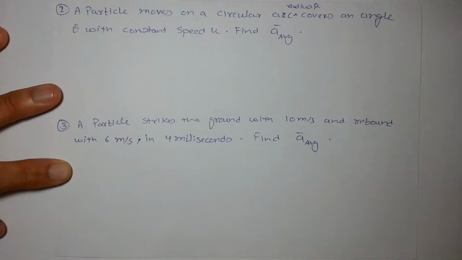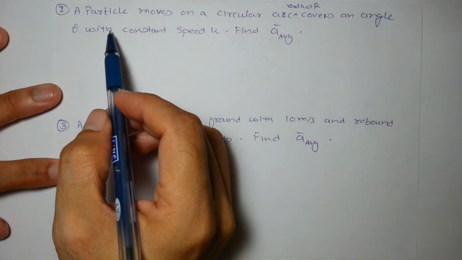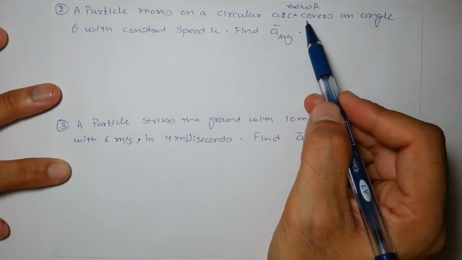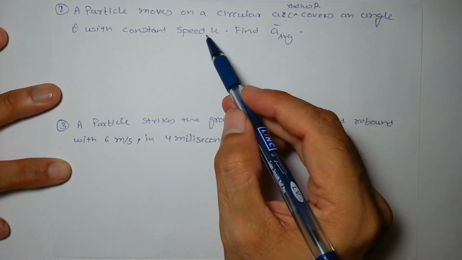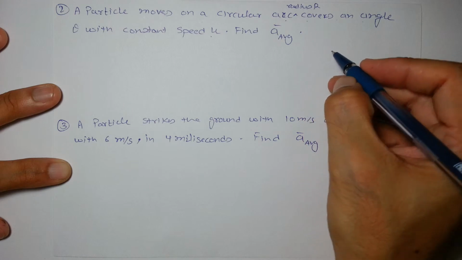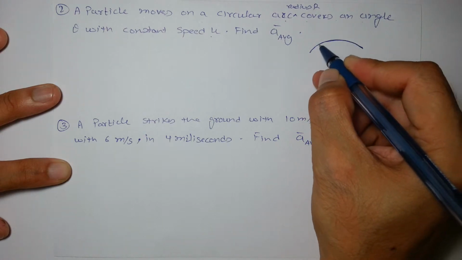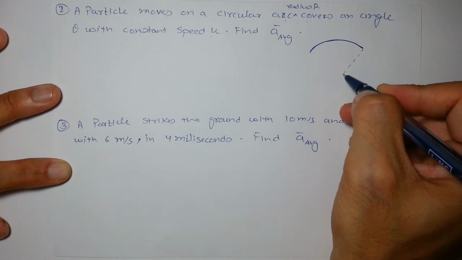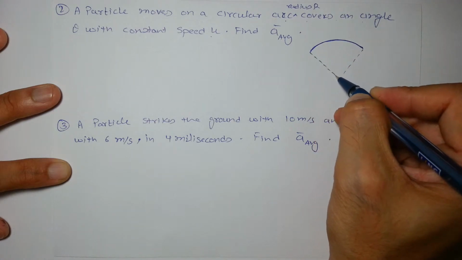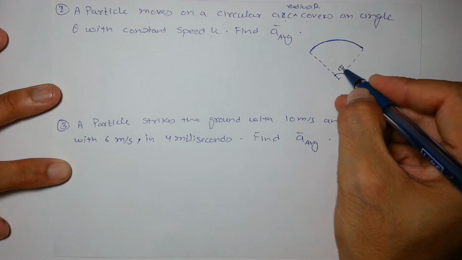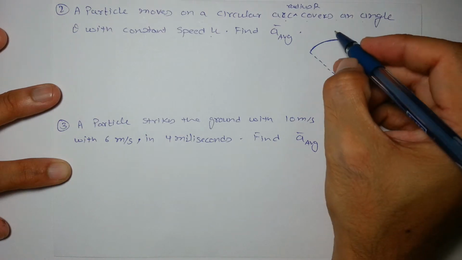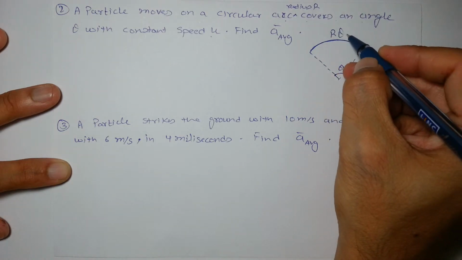In the next question, a particle moves on a circular arc of radius r, covers an angle theta with constant speed u. Find the average acceleration. Let's draw the diagram. Say the particle moves in this circular arc which makes an angle theta at the center. Obviously the distance covered will be r theta, where theta is in radians.